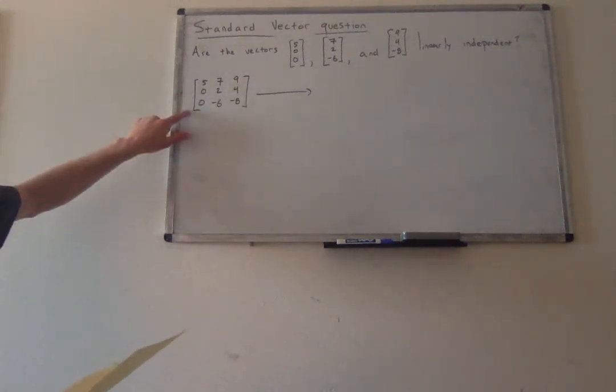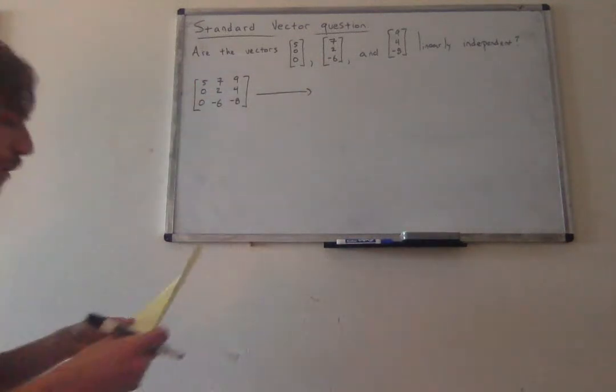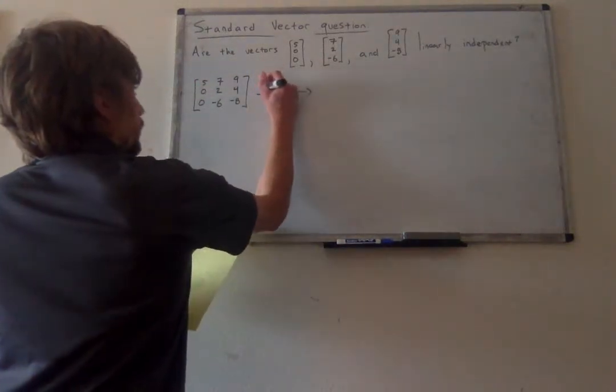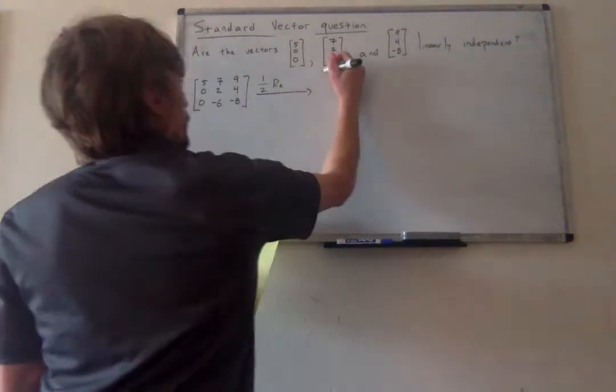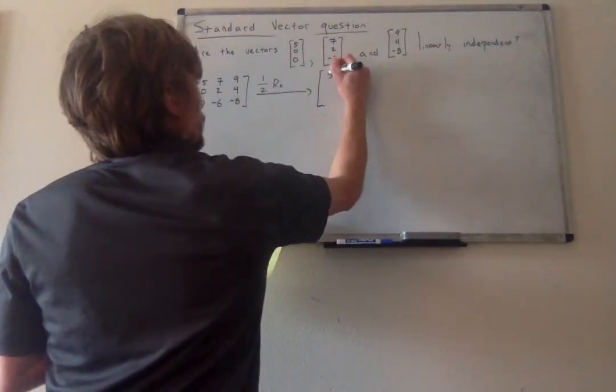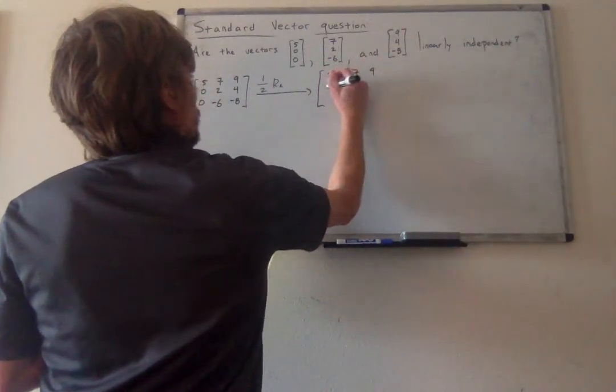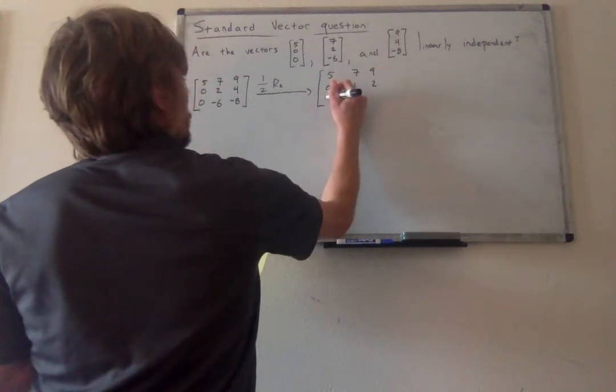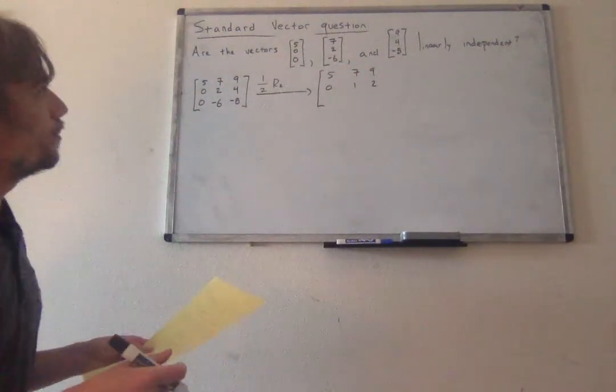This 5 is already good, nothing non-zero below it. I'm not going to divide through yet. I am going to start with 1/2 row 2. Yeah, that's good.